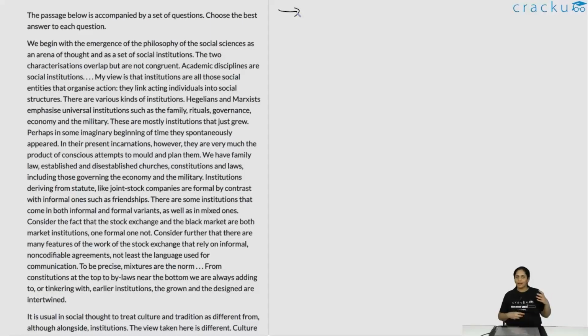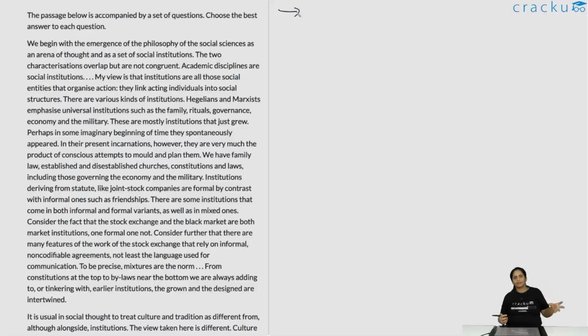You can think of them as academic disciplines, as arenas of thought, essentially as a thought discipline, or you can look at social sciences as social institutions. These are two different ways of looking at social sciences. They overlap, they are not mutually exclusive, but they are not exactly the same, they are not congruent.